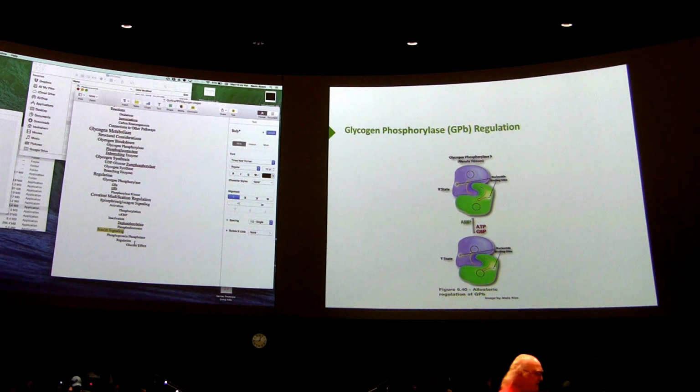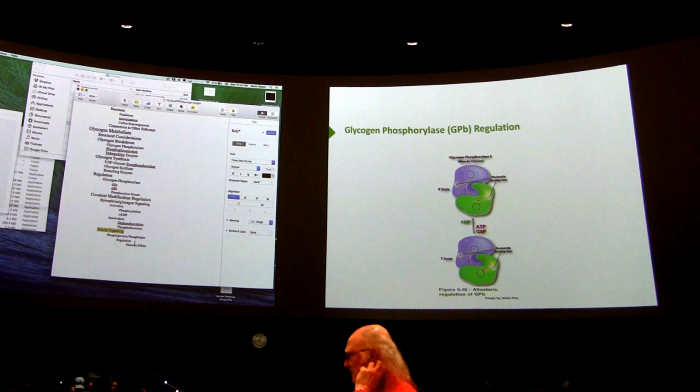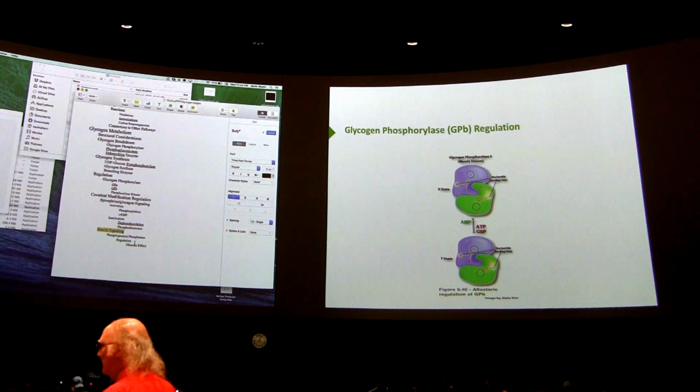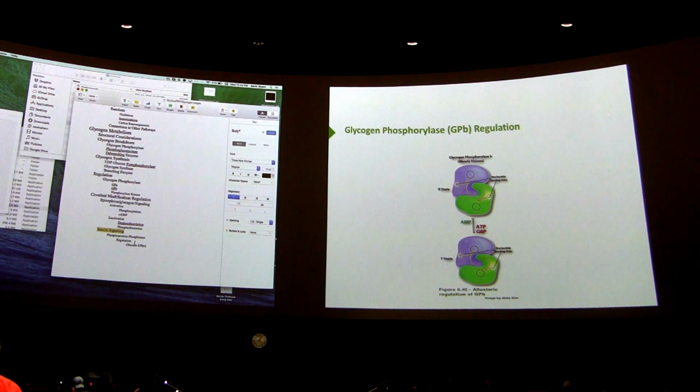Let's imagine I'm getting ready to run that race, and I go out and I run that race, and my muscles are using glucose faster than I can get it delivered. I'm using ATP faster than the creatine phosphate can convert ADP back to ATP. What's going to happen to my ATP levels? Right?